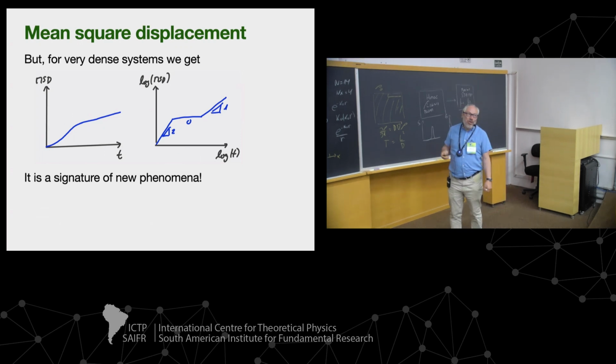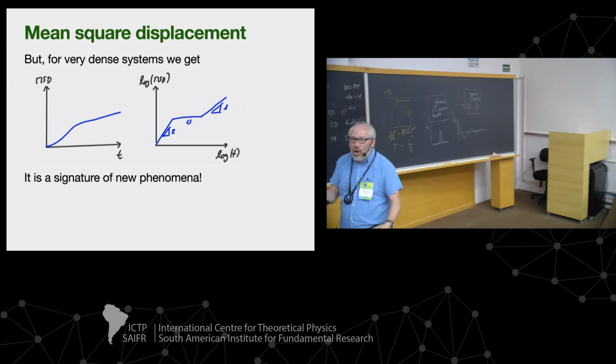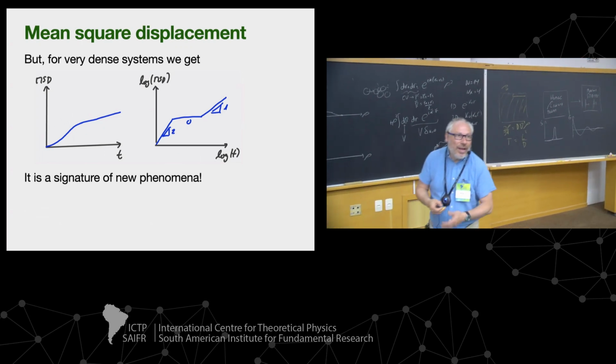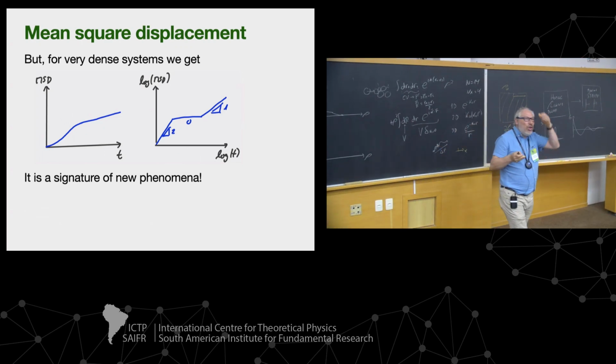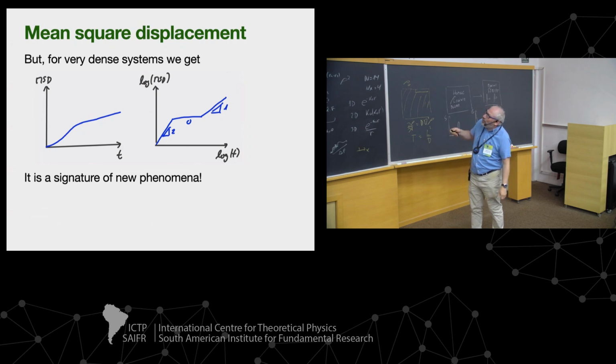That I put a 0, meaning that it's not growing in time. Normally it grows with a very slow slope that is normally not a power law, so you don't put a slope. But it grows slowly, that's what's drawn here. But it's not ballistic, it's not diffusive. It's something in between.